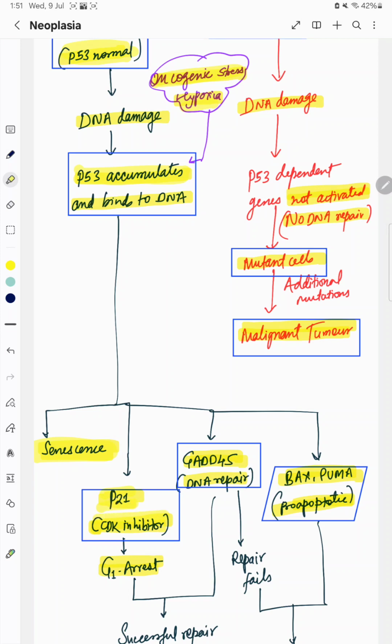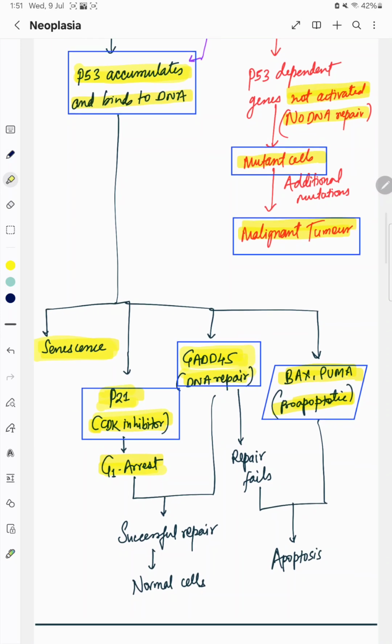these cells may activate P21, which is a cyclin dependent kinase inhibitor, and arrest the cell in the G1 stage of the cell cycle, or activate the growth arrest and DNA damage 45 factor, which plays an important role in repair of the DNA.